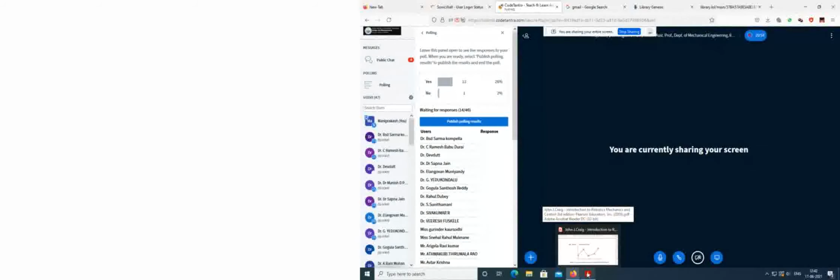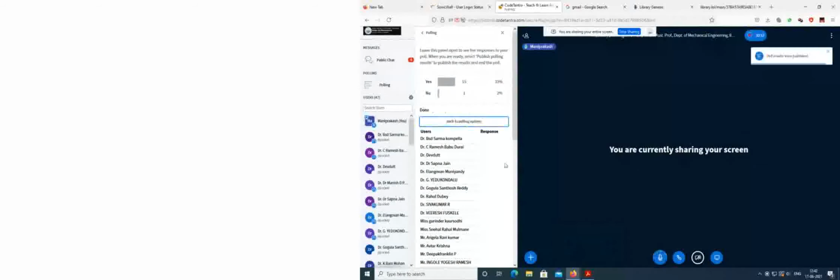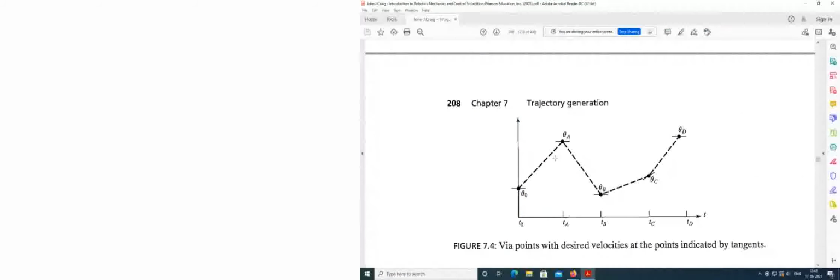Maybe 5 more seconds. Okay, so let's publish the result. Most of you have said that velocity has to be 0 at this point. So I'll tell you how it looks when the velocity is 0 at that point.